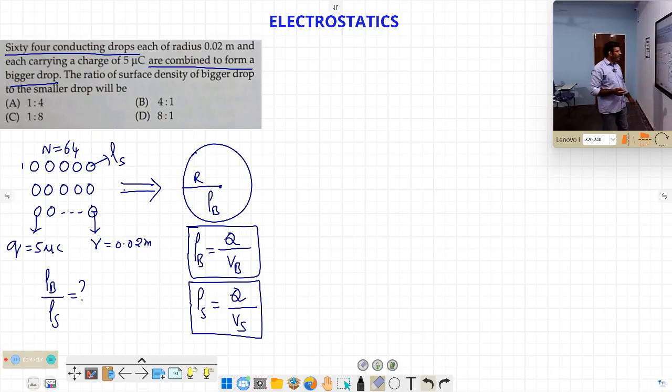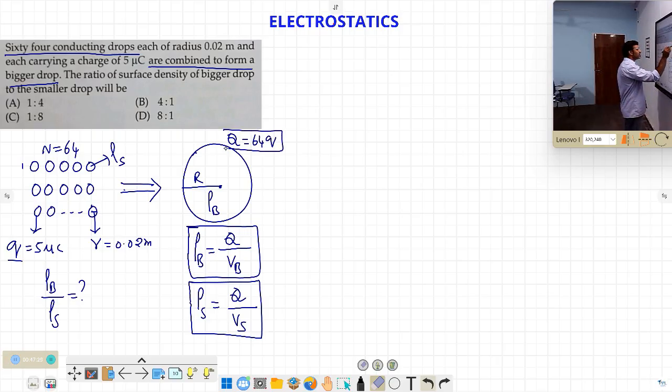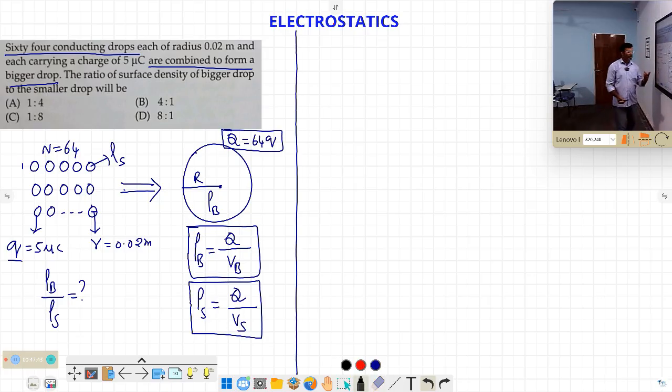Each contains charge Q. When they are combined, all the charges combine into a single charge. The total charge is 64 times the charge of each drop. Now calculate the charge on the bigger drop.